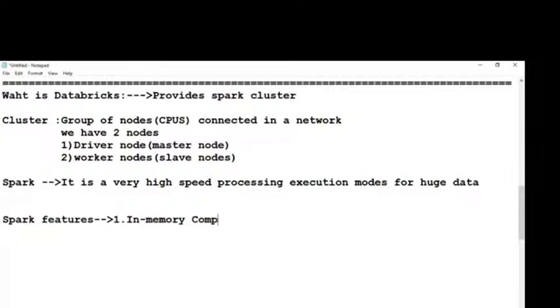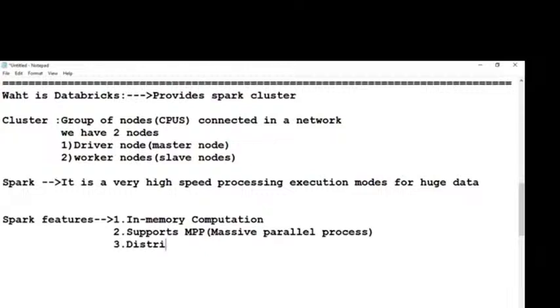In-memory computation means storing and processing happens within the memory level, RAM level, right? And secondly, it supports MPP, massive parallel process, which is distributed execution.